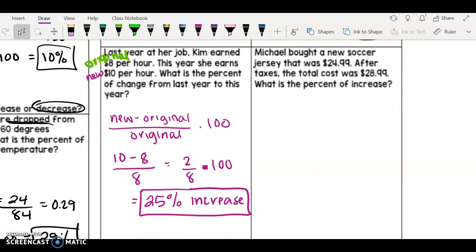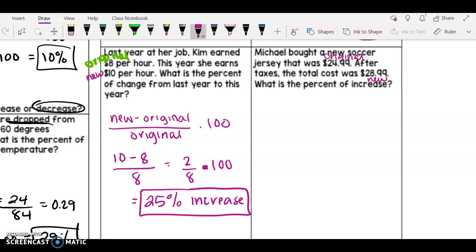All right. Michael bought a new soccer jersey that was $24.99. After taxes, the total cost was $28.99. So our original price and our new price. What percent of increase?